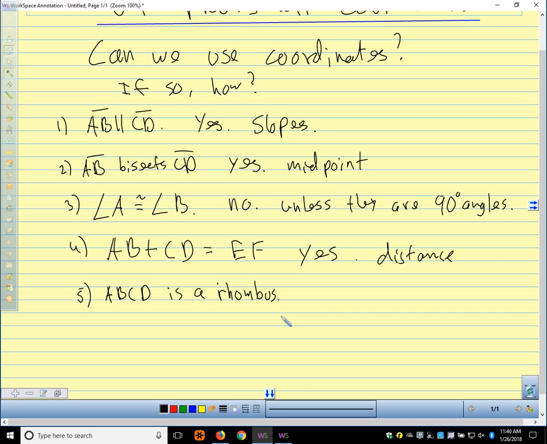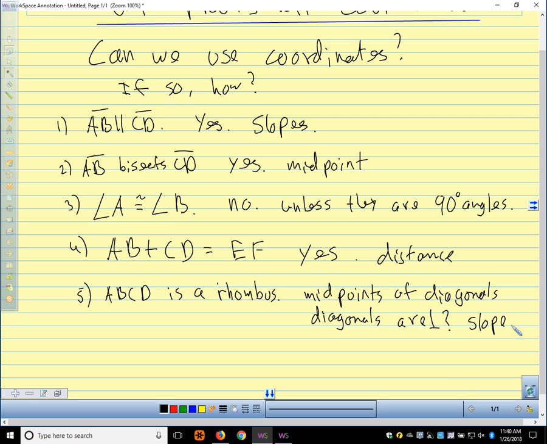So we could use midpoints of the diagonals. So that would tell us it was a parallelogram. What else would have to happen with the diagonals for it to be a rhombus? The diagonals are perpendicular. So I'm going to say decide if the diagonals are perpendicular, and we decide that with slope.